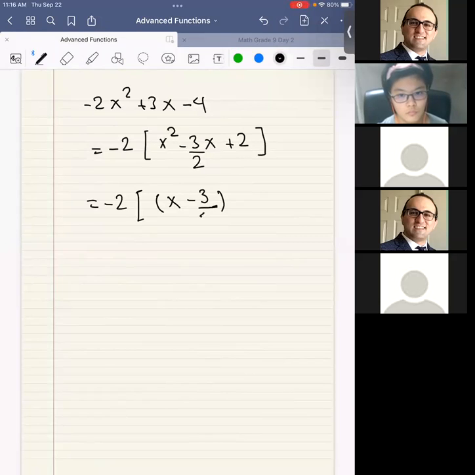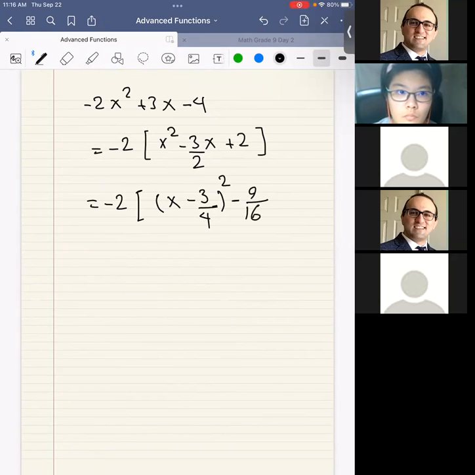x minus 3 over 4 squared is x squared minus 3/2 x plus 9 over 16. Now you have to subtract 9 over 16, right?